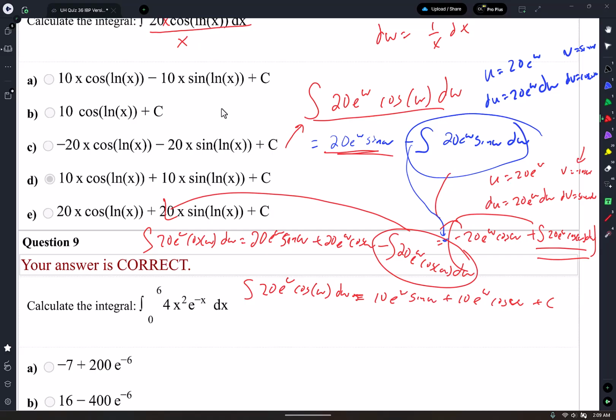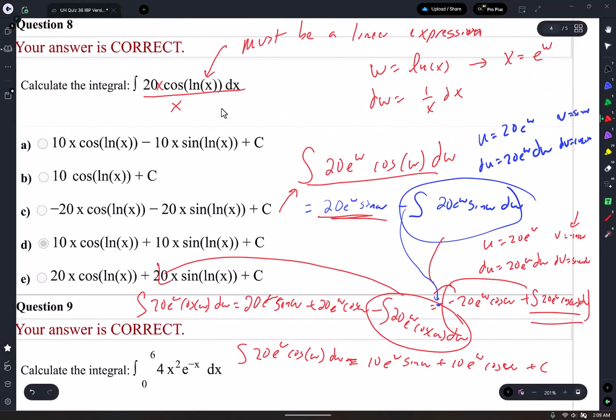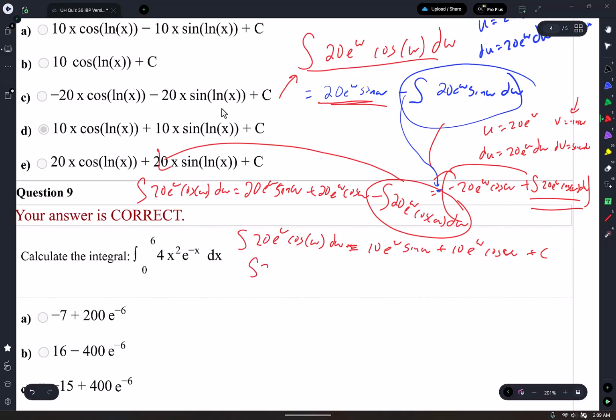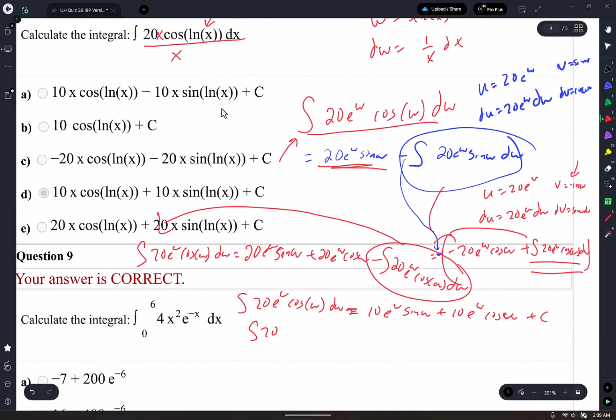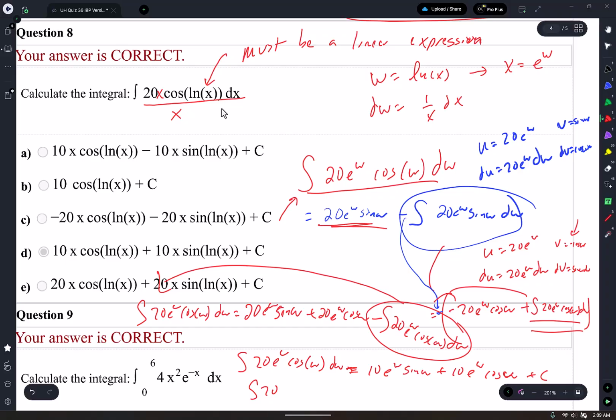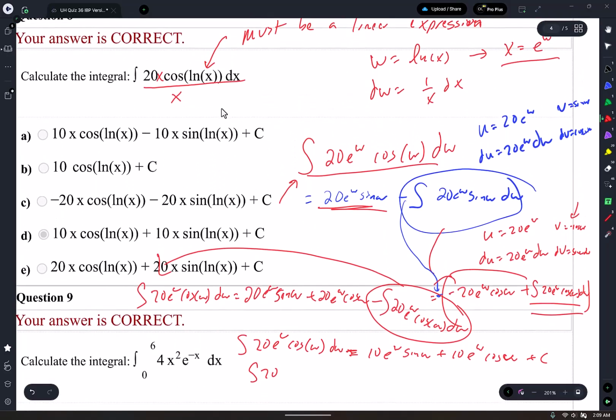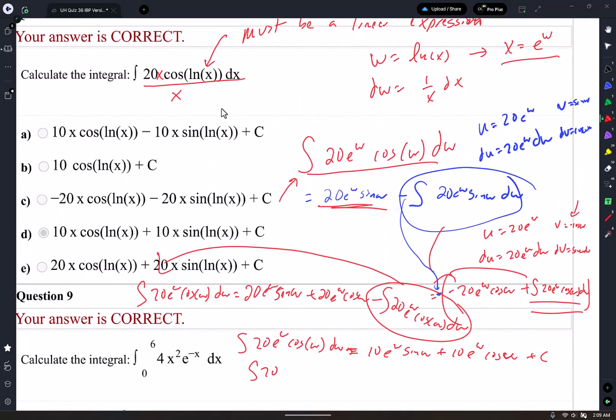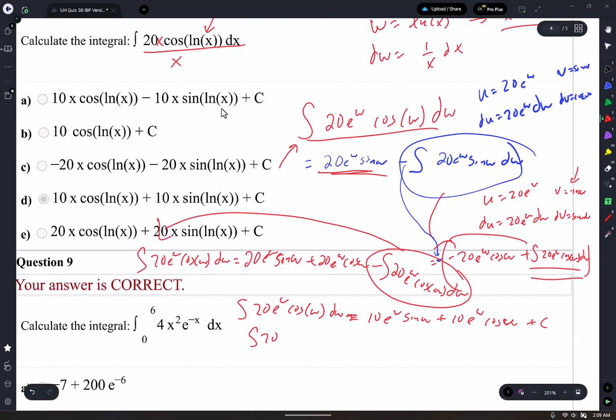But it was never w. So then we substitute back what we had. So integral 20 e to the w is just x. Well, actually, we can just drop it, right? So 20 cosine, so 20, and then that was x, but it canceled with the x in the bottom.